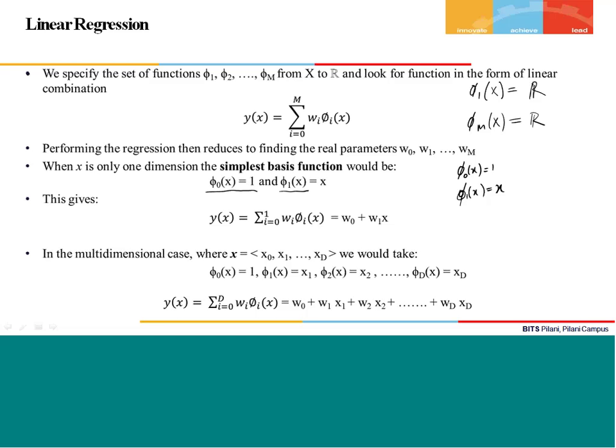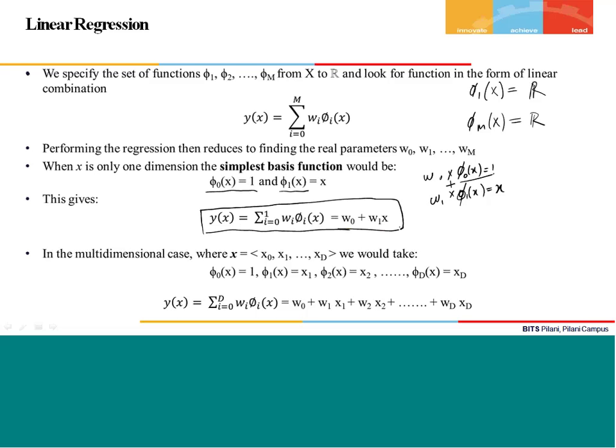Now I can find W0 and W1 corresponding to them. I multiply and add these things, and because phi0(x) was 1, this 1 goes away, W0 remains the same, and W1 x comes here. So I can represent the basis function in a very simple form like this.